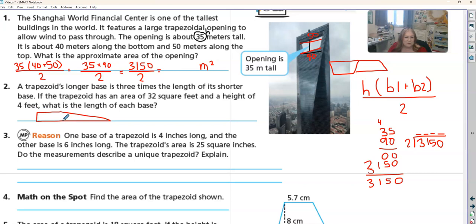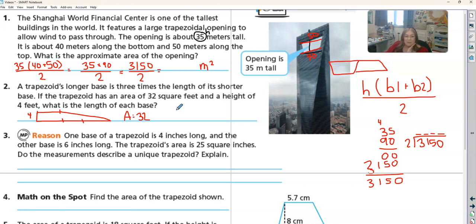This is 3 of this top one here. The trapezoid has an area of 32, so the area is 32 square feet. The height is 4. Oh, we have to figure out what we are going to add together to times by 4, cut it in half, and get to 32.